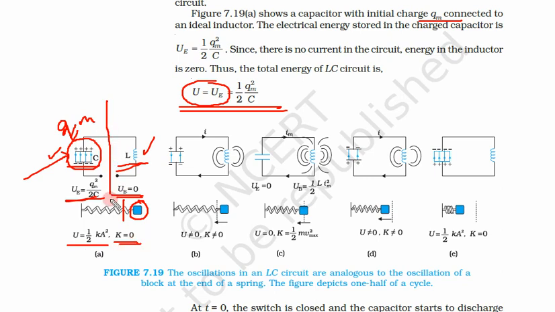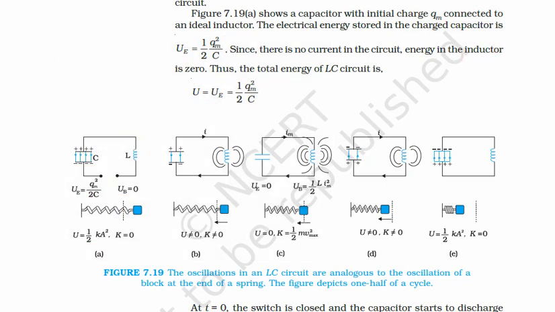We are drawing parallels between these two conditions, comparing the mechanical vibrations of a simple harmonic oscillator to the electrical oscillations found in an LC circuit. Here electrical energy is equal to Qm square by 2C, and there potential energy is half Ka square. Here the magnetic energy is 0 initially, and there the kinetic energy is 0. So we are comparing this LC circuit with a mechanical oscillator in terms of energy and in terms of working.